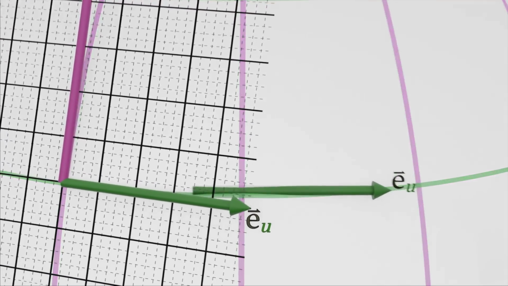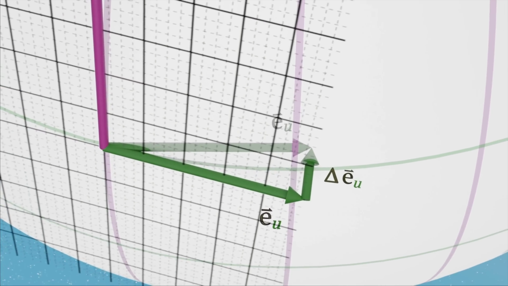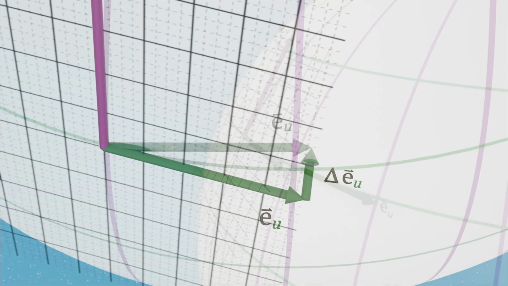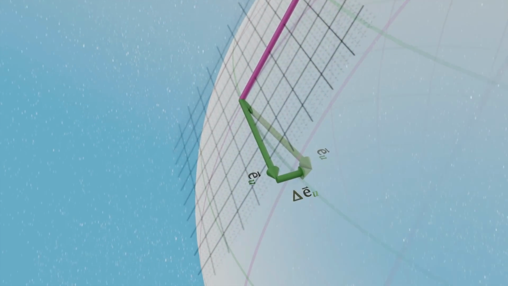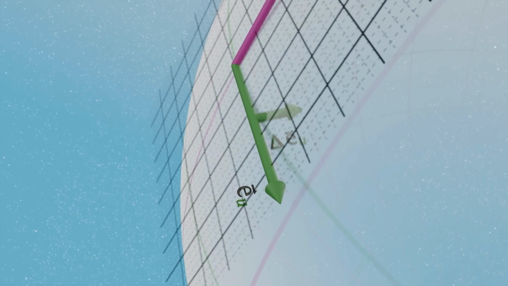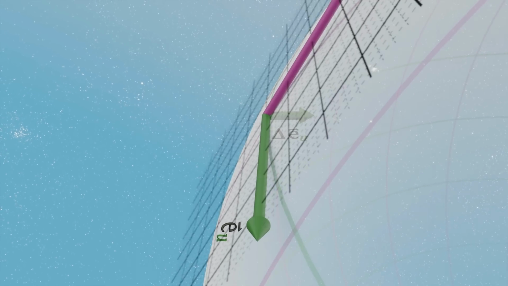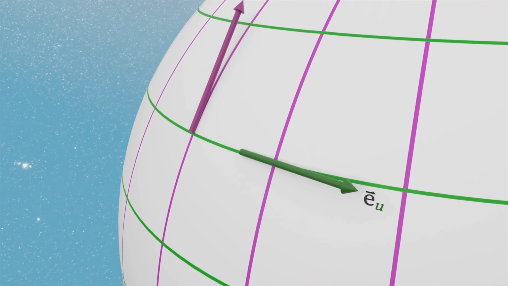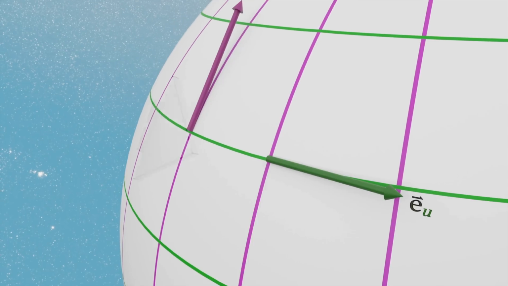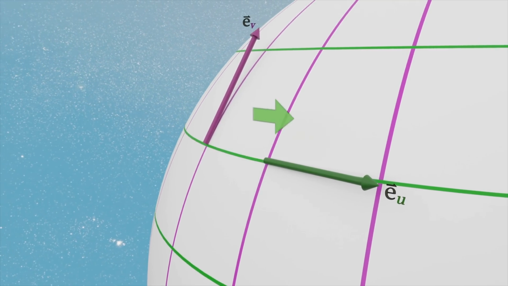Indeed, we can see that the resultant delta EU vector here isn't directed along the plane of the manifold as it was in the 2D case, but clearly points to some degree out of the manifold itself. This is because some of the change of the EU basis vector here is brought about by the curving of the manifold itself, rather than just being due to the curving of the coordinates.